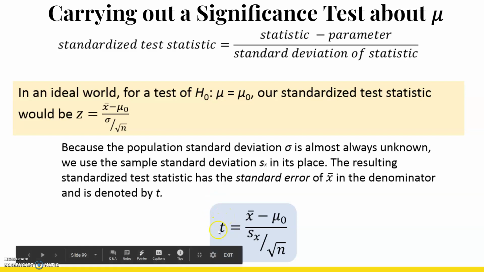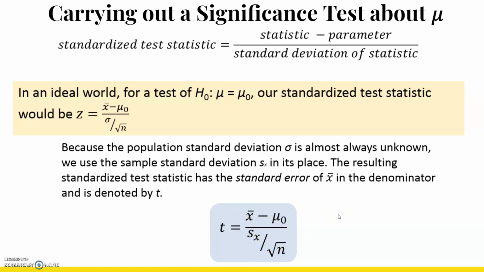A t-score is set up just like a z-score: value minus mean. The value in this case will be the sample mean that you find. The mean, like the true overall mean, will be the null hypothesis value. Your standard deviation is going to be your sample standard deviation divided by radical n. This is what we call the standard error. So all of this you're familiar with, not much that's new.